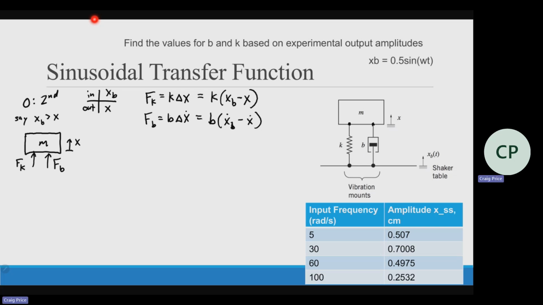All right, so next up, we're going to do the sum of forces equals mx double dot. I have two forces, and they're both positive. So we're just going to put their definitions in here.